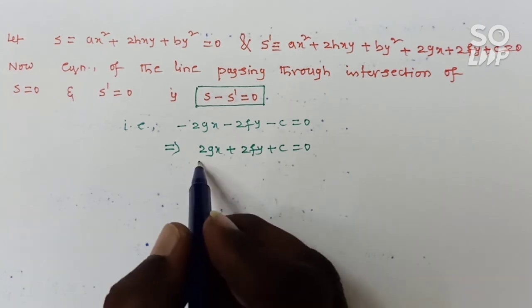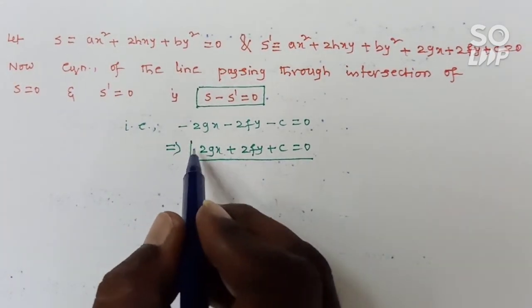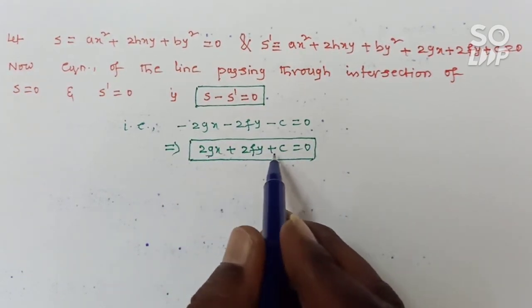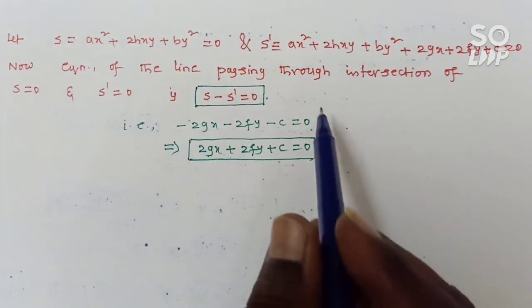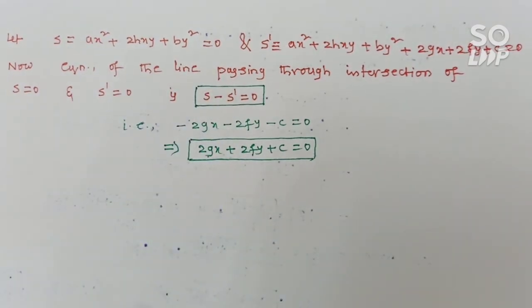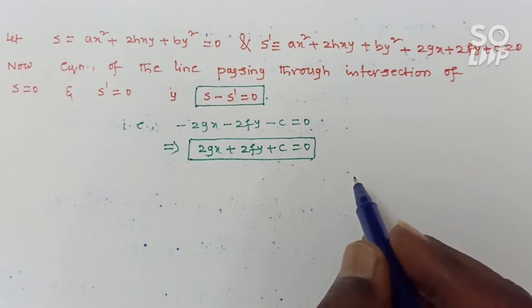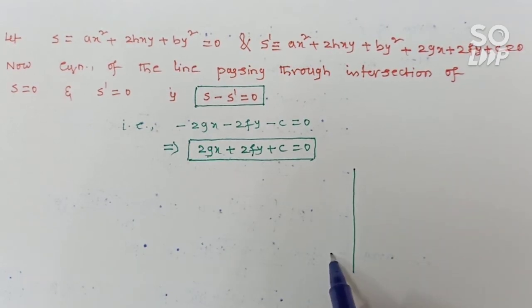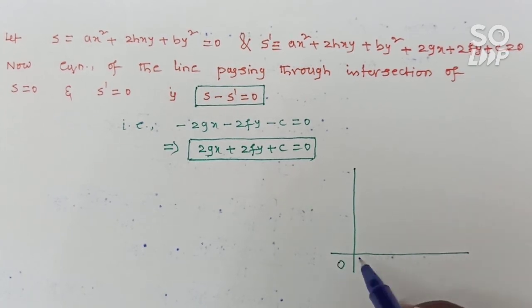Right? So this is very clearly in the form of a linear equation, ax plus by plus c is equal to 0. Now, using this concept, suppose these two form a parallelogram. This one is the origin.